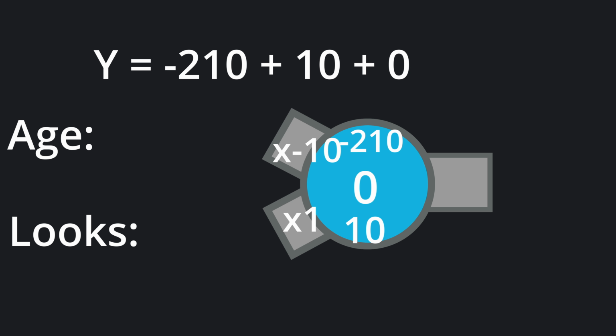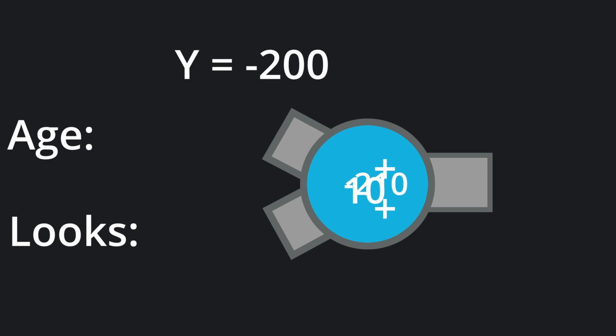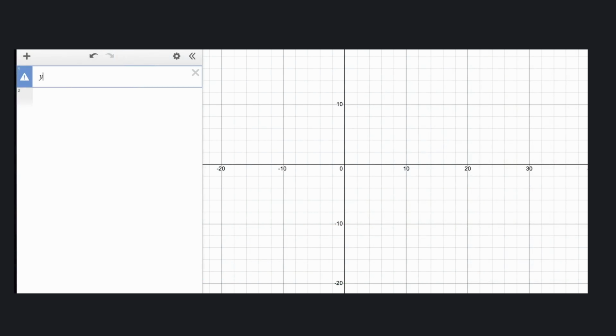Using our new weights, we get an output of negative 200, which definitely isn't right, because that is well within his age range and a perfect 10 out of 10. Typing in our equation, we can see that it only gives a positive score if the x is negative, which I don't think there's negative ages.